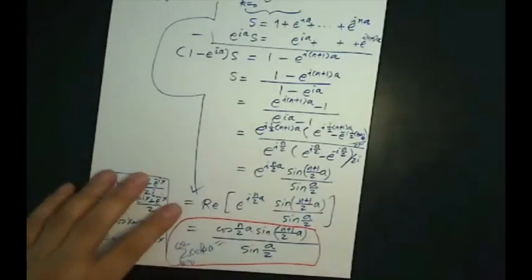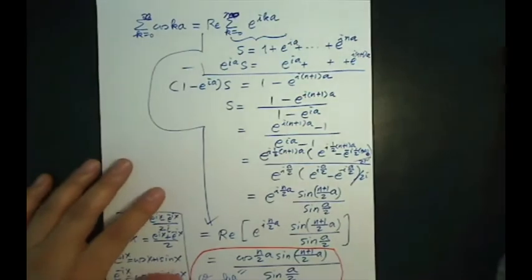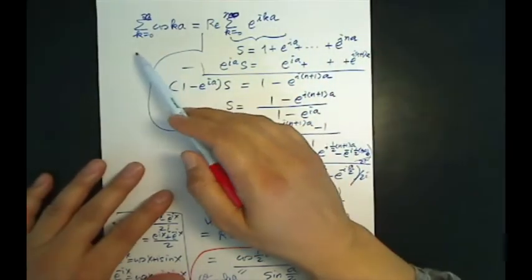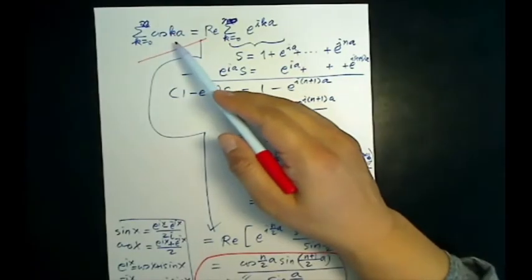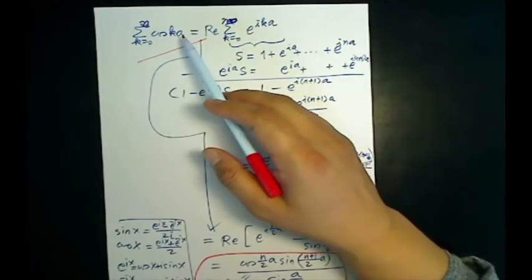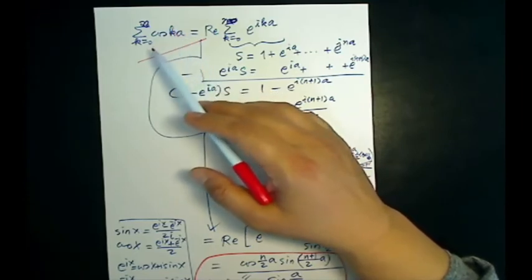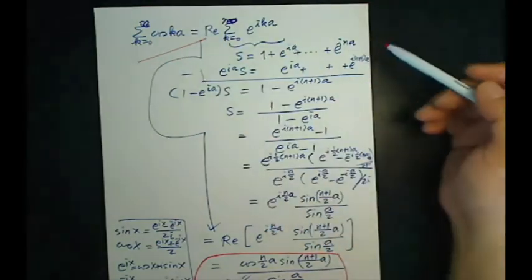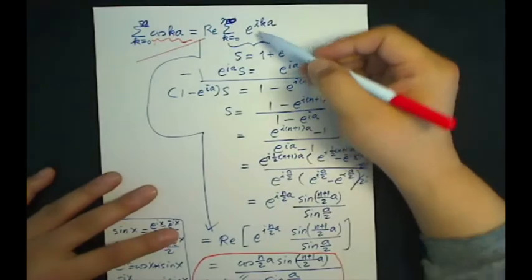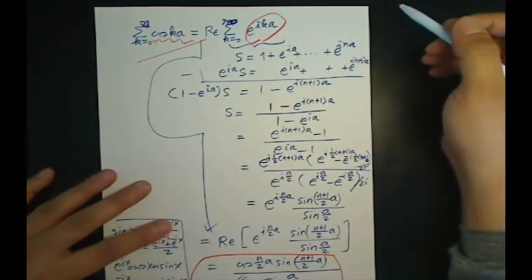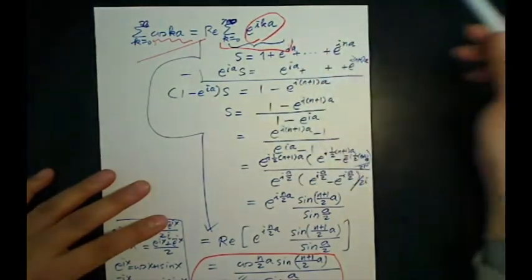In order to find out the normalization for the eigenvector for the Lodid string, we first consider the geometric sum of these cosines. Cosine of k times a, where k runs from 0 to n. This cosine can always be expressed in terms of the real part of exponential i k a. And now it becomes a geometric series.